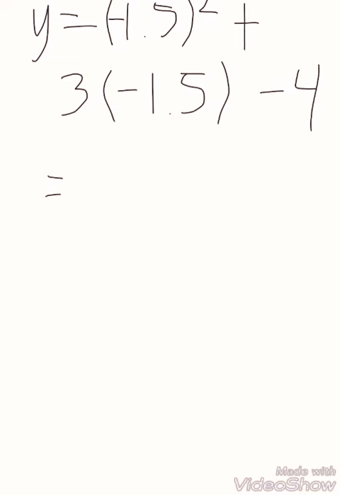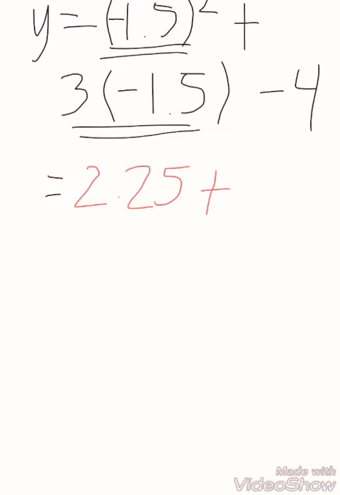Negative 1.5 times negative 1.5 is a positive 2.25. And then the 3 times negative 1.5, I'm sorry, it's not supposed to be addition, it was supposed to be subtraction. So the answer will be negative 4.5 minus 4.